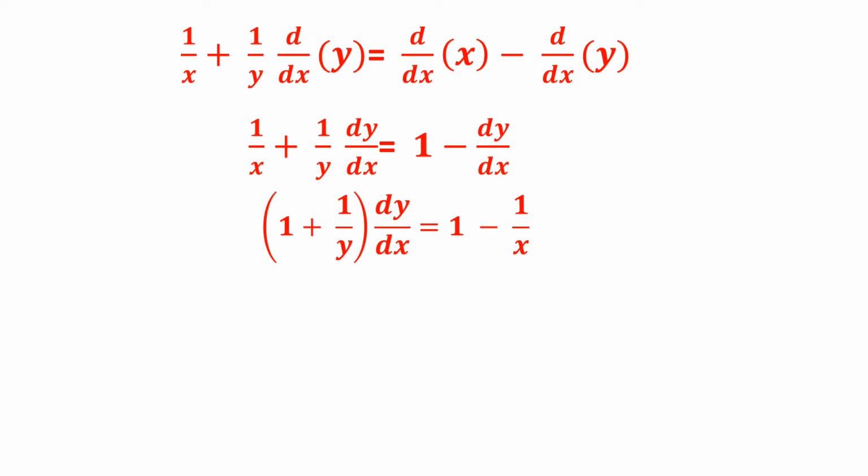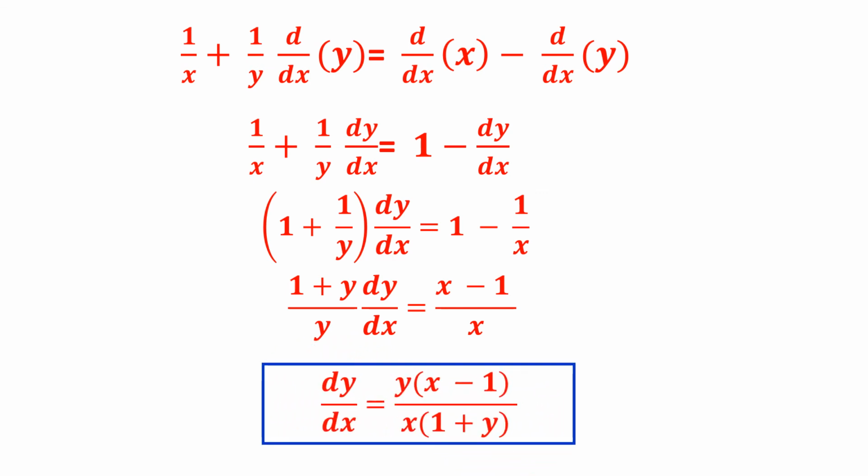It will be 1 plus 1 by y equal to 1 minus 1 by x. Now we can write it as 1 plus y by y into dy by dx is equal to x minus 1 by x. Therefore, dy by dx is y multiplied by x minus 1 upon x multiplied by y plus 1, or 1 plus y.